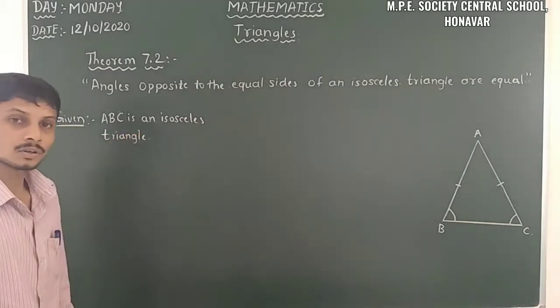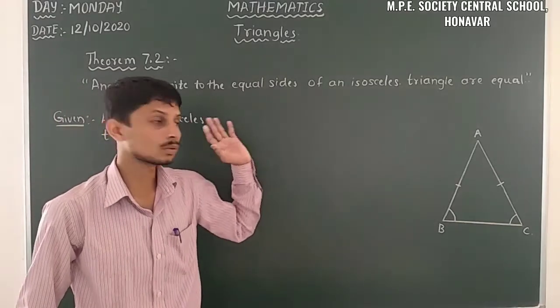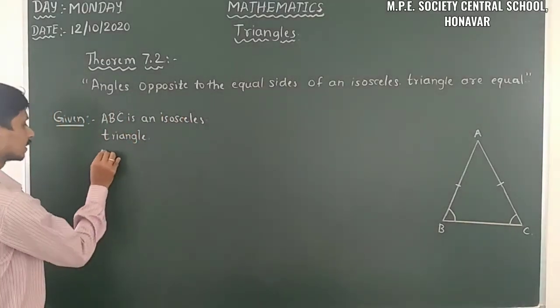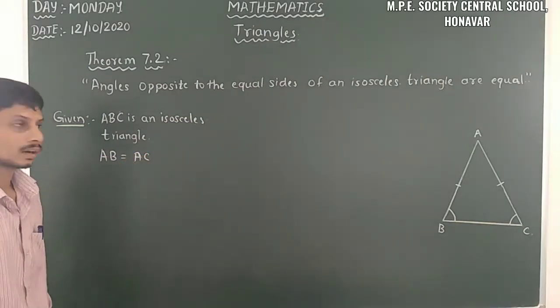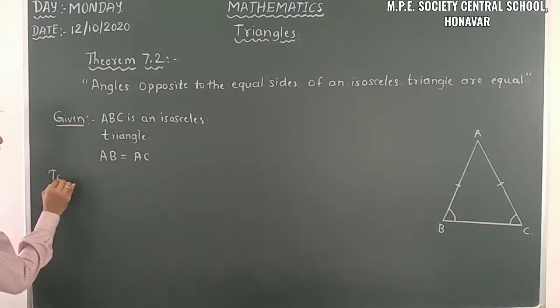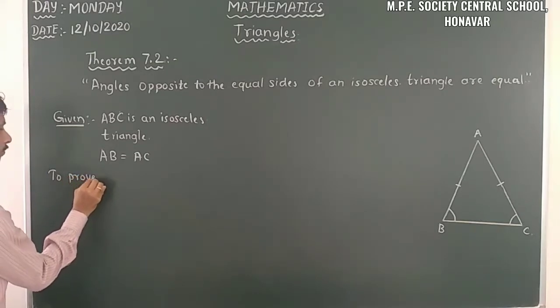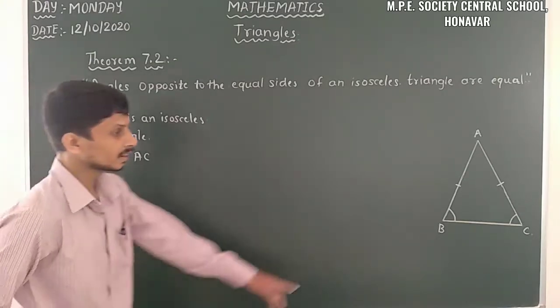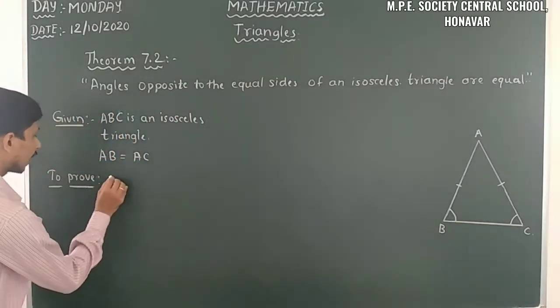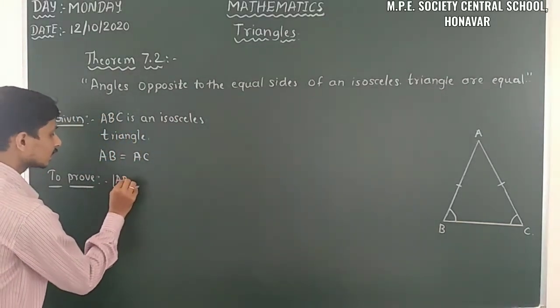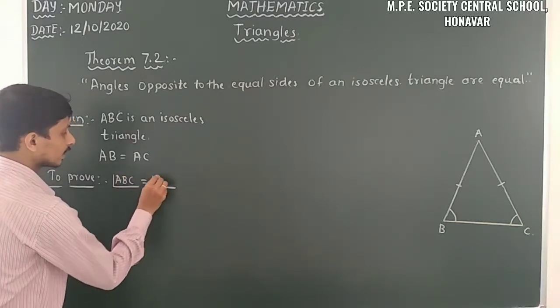Which two sides are equal? AB is equal to AC. Then what do we have to prove? This angle and this angle, those two are equal, that is, angle ABC is equal to angle ACB.